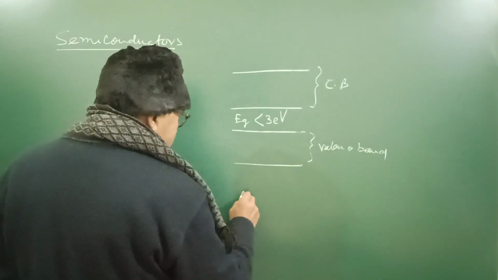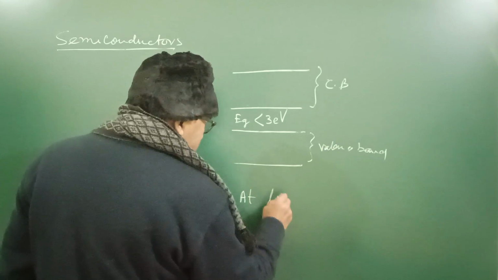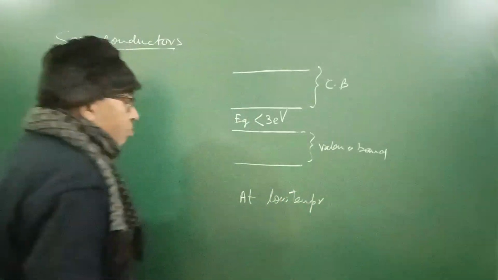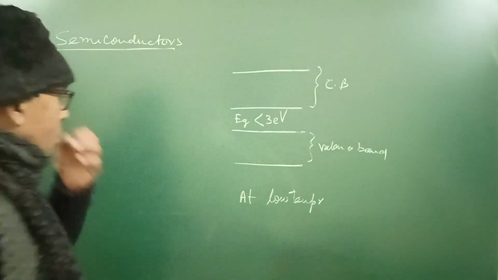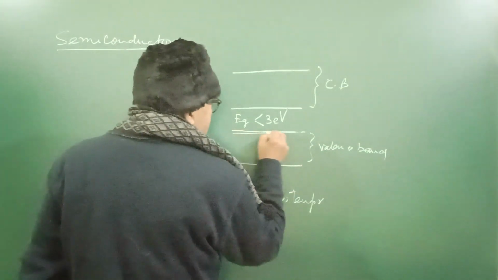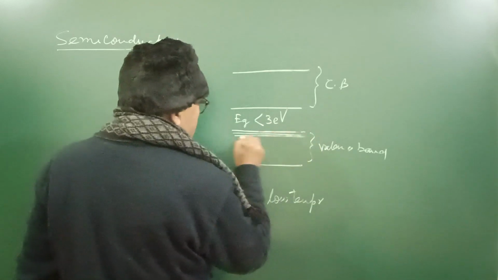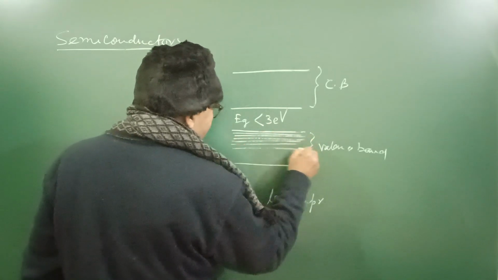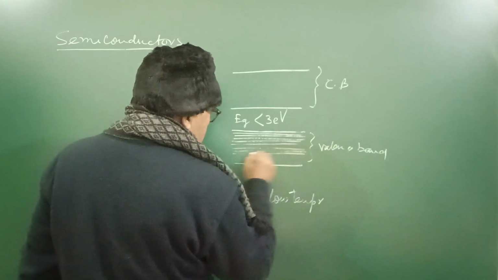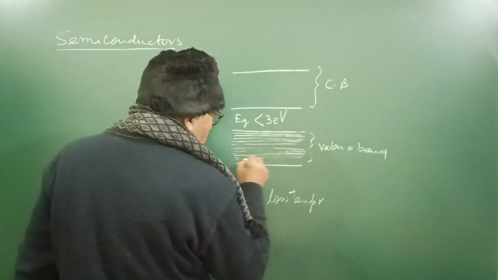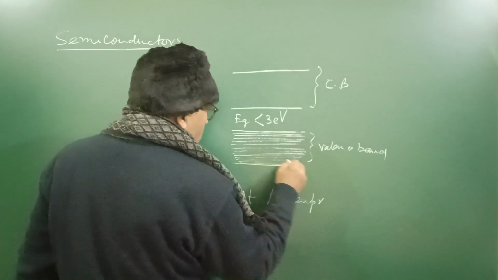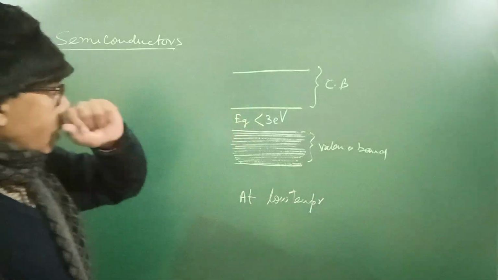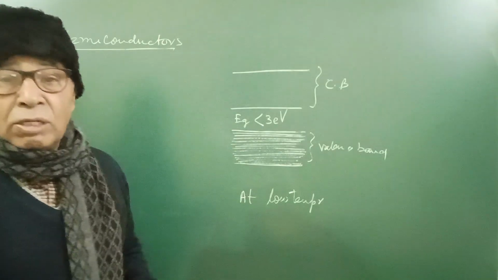This is at low temperature, close to 0 Kelvin. At close to 0 Kelvin, the valence band is completely occupied by electrons, while the conduction band is empty.